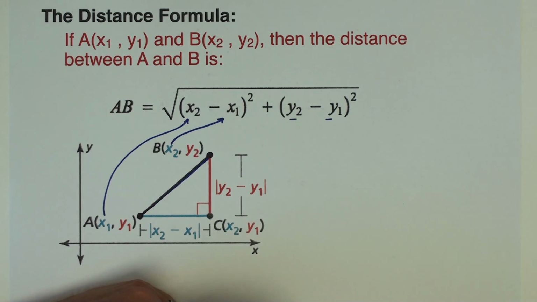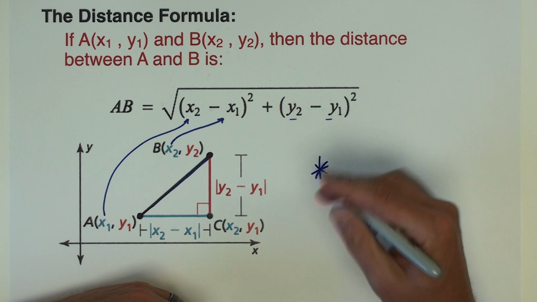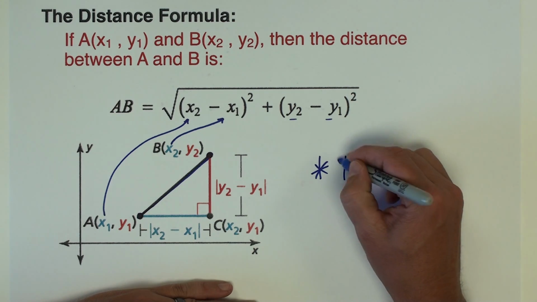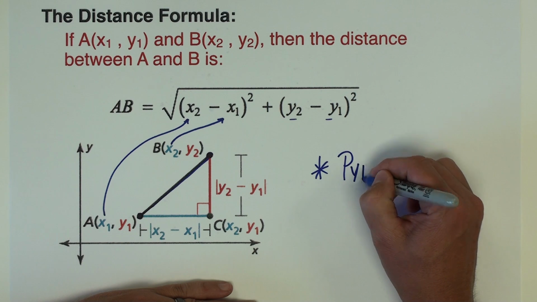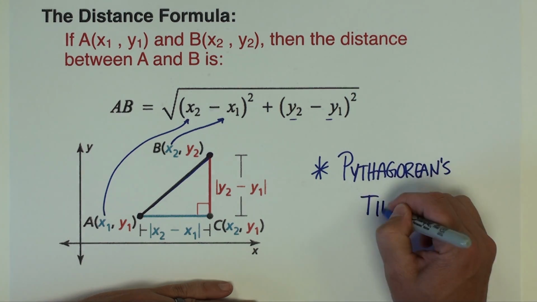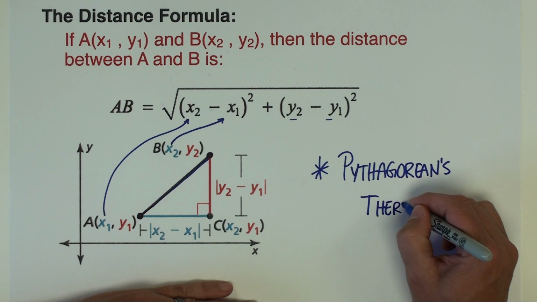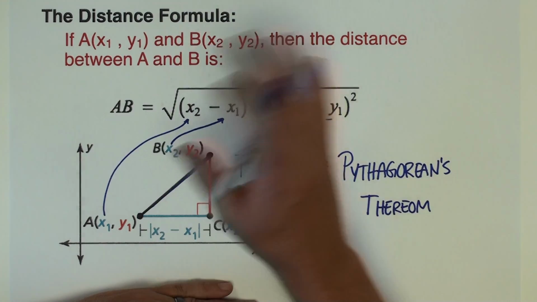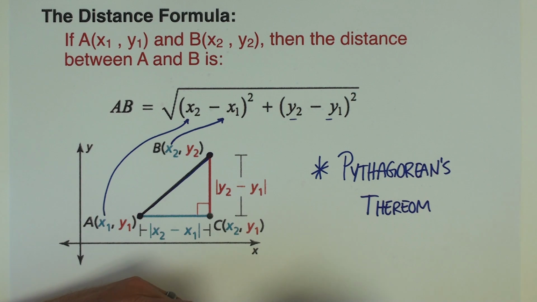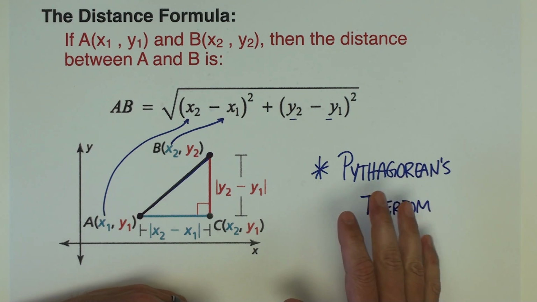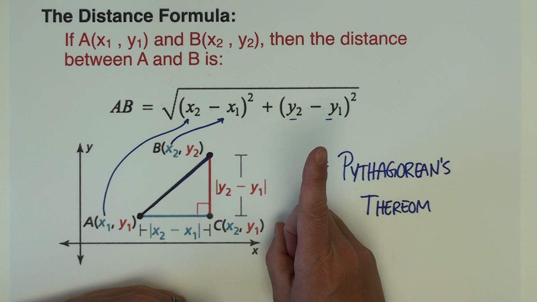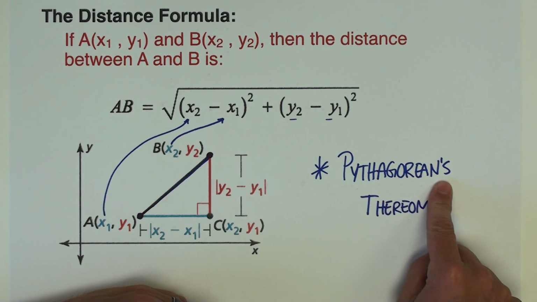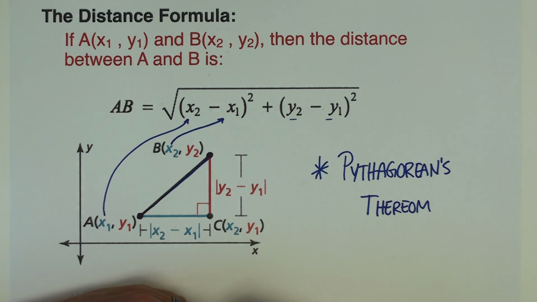The other way that I'm going to show you, something you're all probably familiar with, so we're not really teaching this today, but we're going to use it, is Pythagorean's theorem. Now, Pythagorean's theorem is basically just the distance formula. I'm going to show you that when we work through it with Pythagorean's theorem. So I'm going to show you one example, but I'm going to do it two different ways. I'm going to do it with this, and I'm going to do it with this. And then you can decide which you like better.